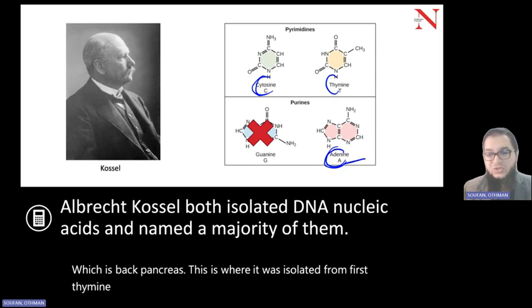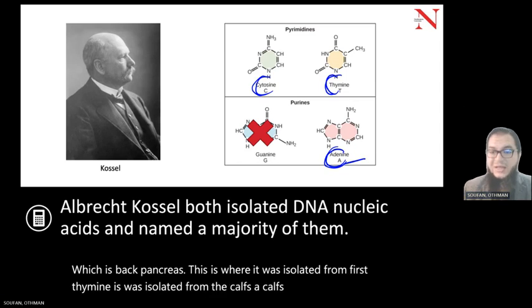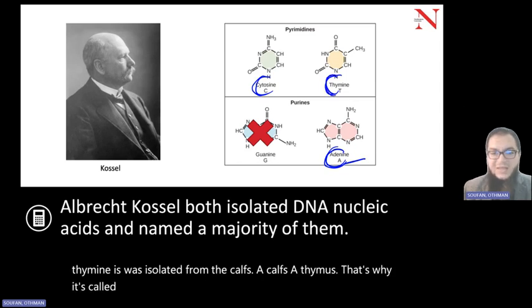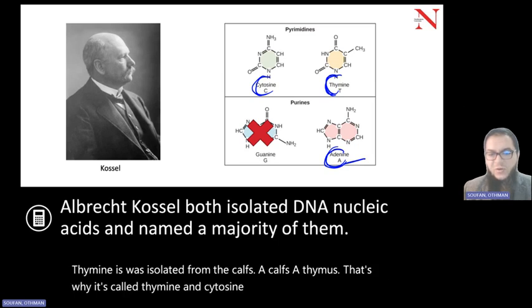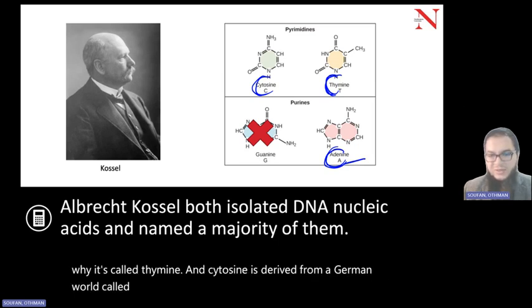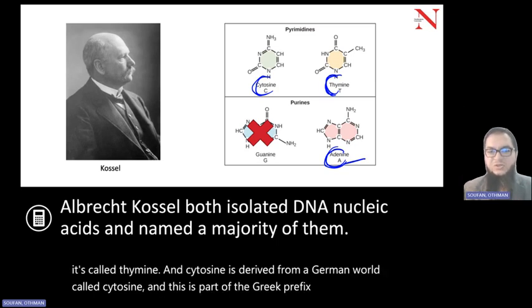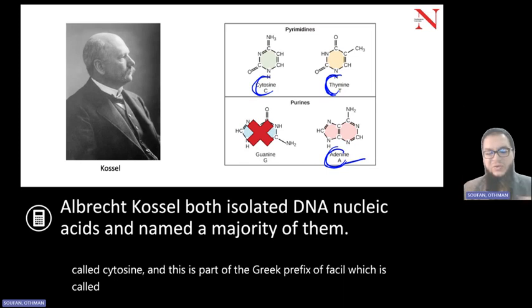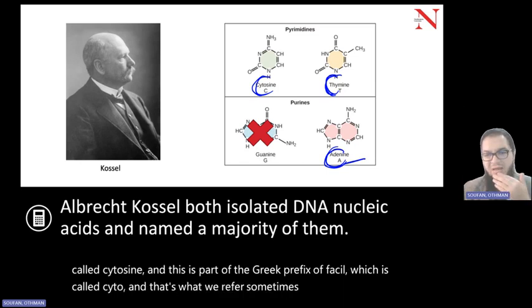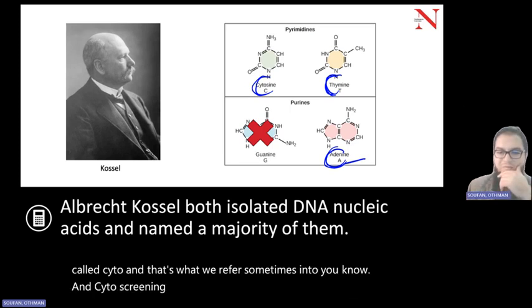Thymine was isolated from the calf's thymus. That's why it's called thymine. And cytosine is derived from a German word called cytosin, and this is part of the Greek prefix of a cell, which is cyto. And that's what we refer to sometimes in cyto screening and so on and so forth.